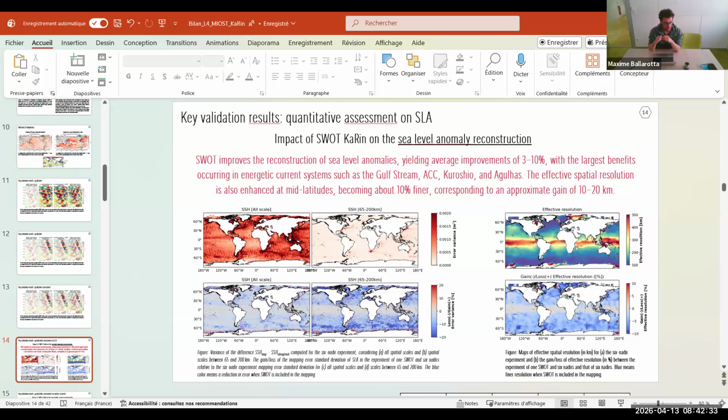But one big problem with SWOT is the revisit time that you will have at mid-latitude.